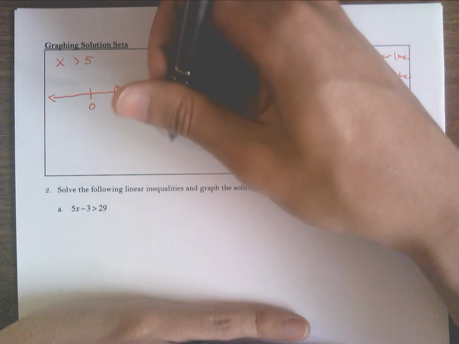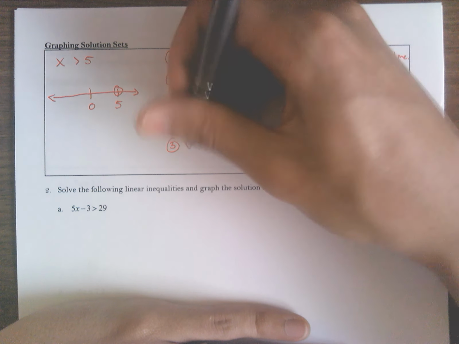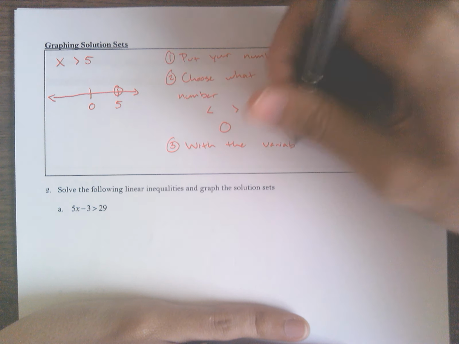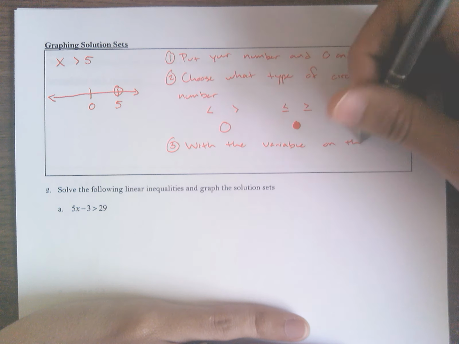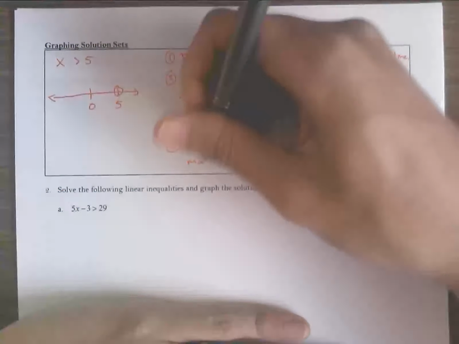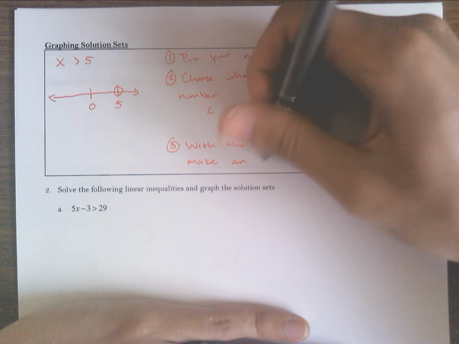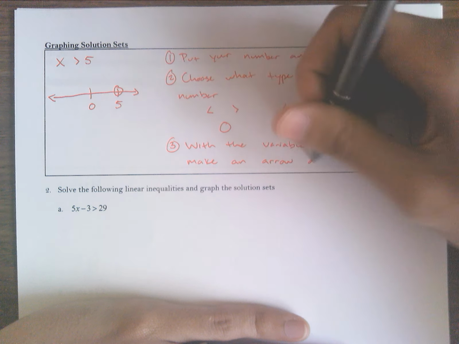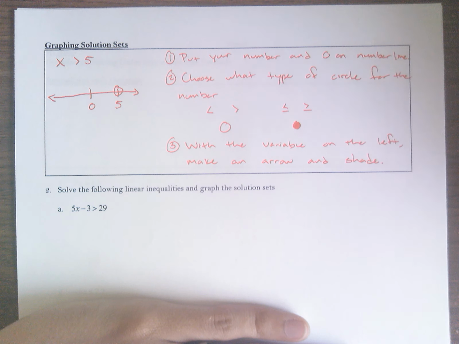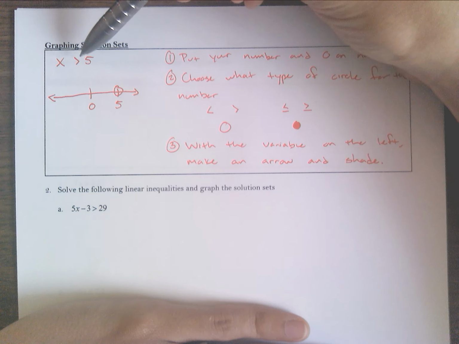And then our last step is with the variable on the left. So with the variable on the left, make an arrow and shade. So I'll show you what I mean by that. Here we've got the inequality is greater than.